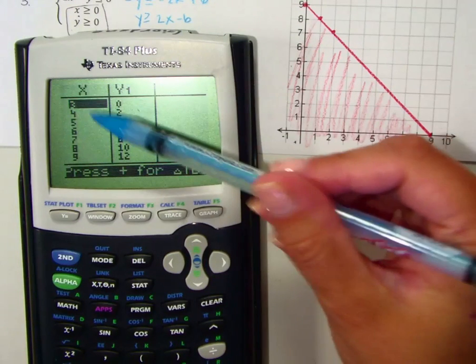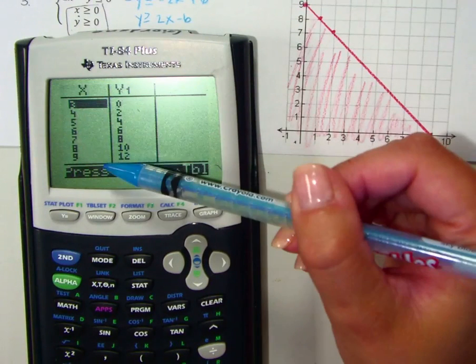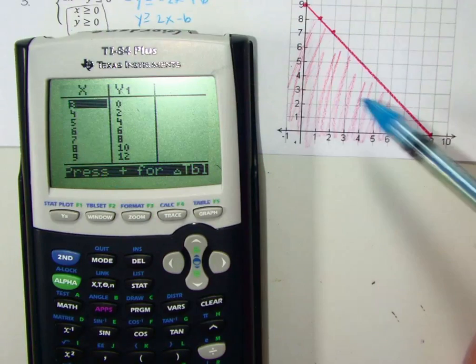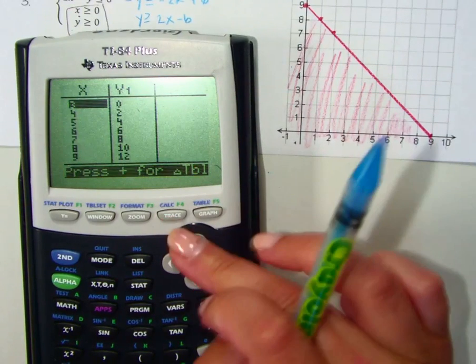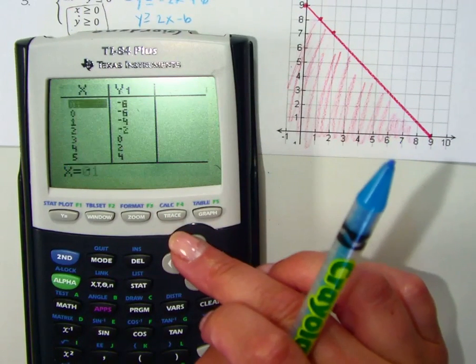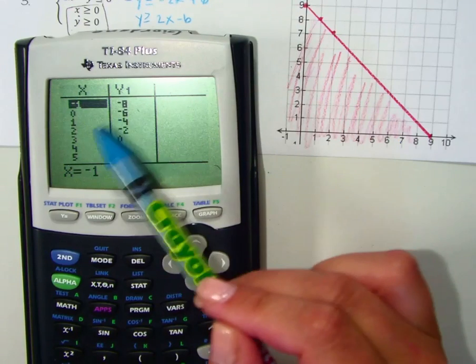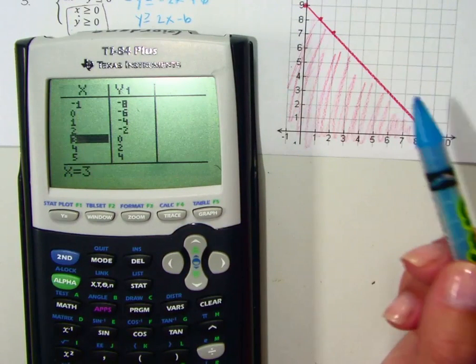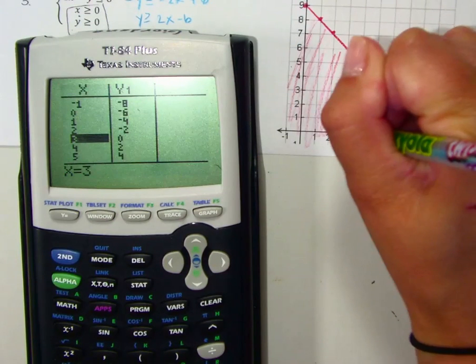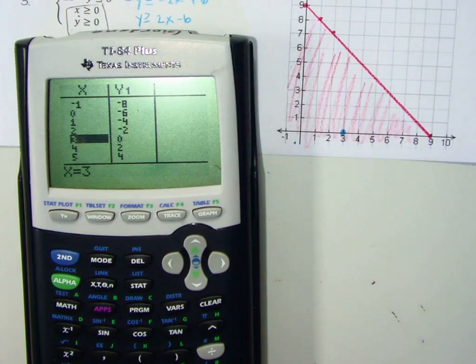So then you can just take these values, use them to graph that line, plot some points, okay? So you can scroll up and down. So you can see we have negative numbers here. That's not going to be what we want. So look at 3, 0. That is 1 point in the first quadrant that I can plot.